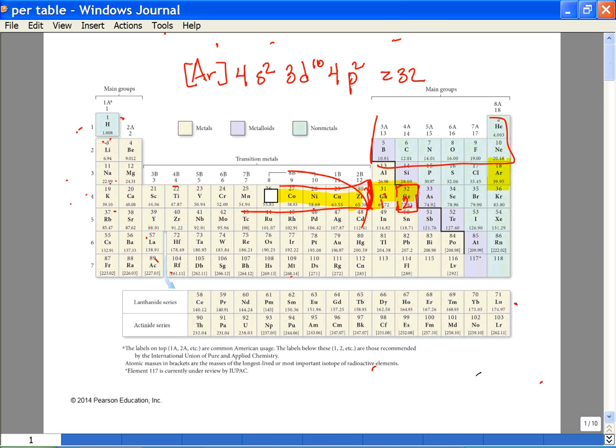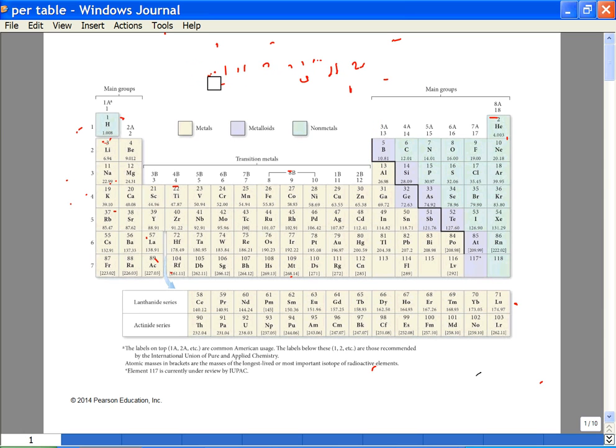So now the next one is zirconium. And zirconium will have the same principle that germanium had in terms of filling D block electrons. So that's why I'm going to do this one for you. Okay, zirconium is here in the periodic table.